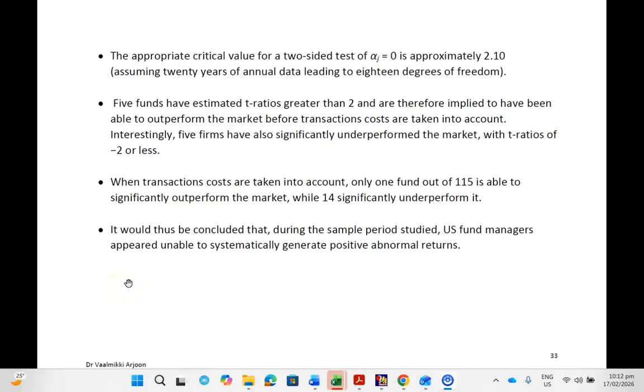But it could be concluded that during the period studied, the US fund managers appeared unable to systematically generate positive abnormal returns. And abnormal returns in this case means significant returns. It can be significantly positive, meaning very high returns, or significantly negative, meaning losses. Okay, and that's it for this very first topic.